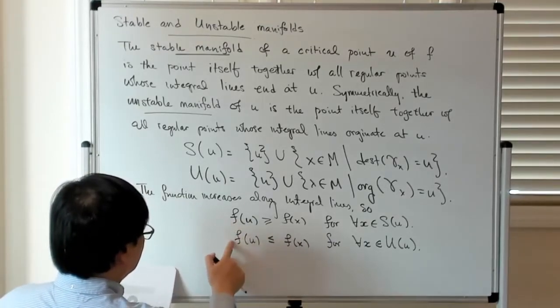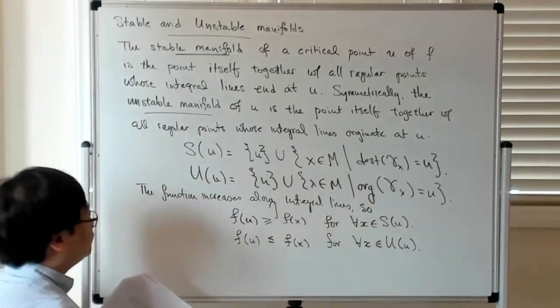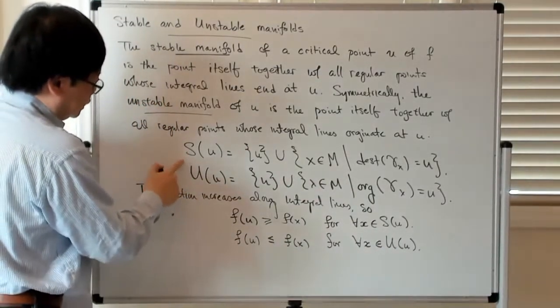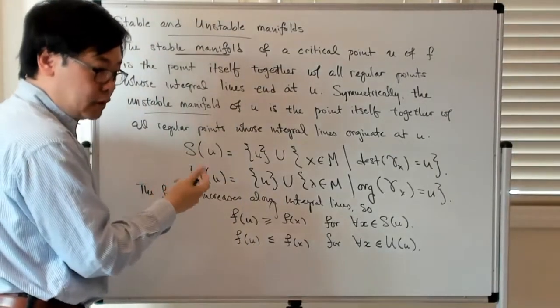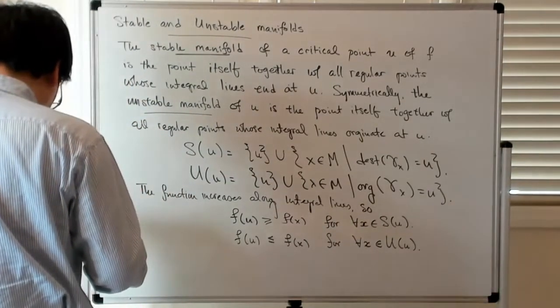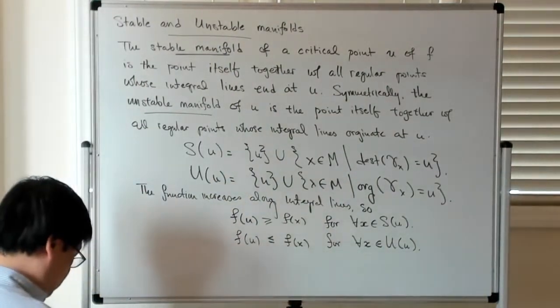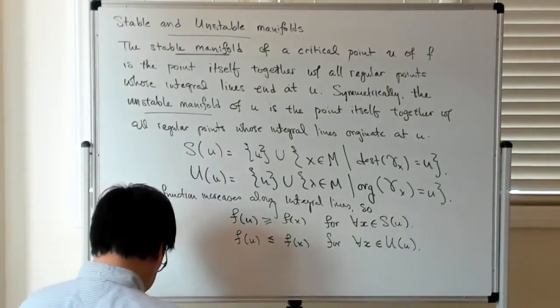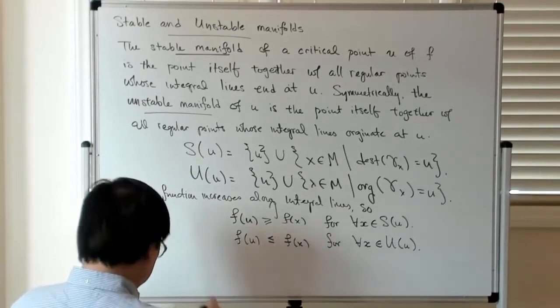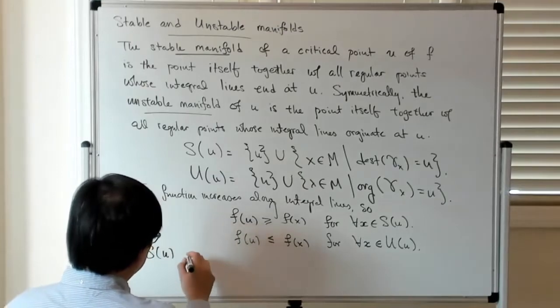Then you can ask yourself what these sets look like geometrically. But before I do that, because of these conditions, we say that S of u is also sometimes referred to as the descending manifold.